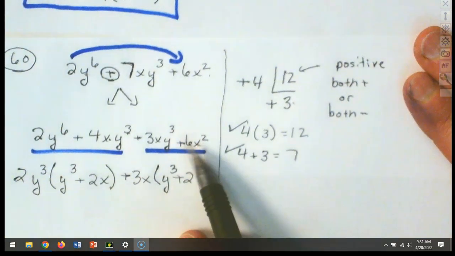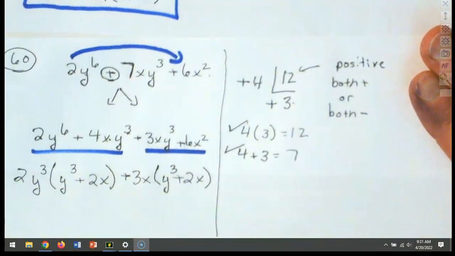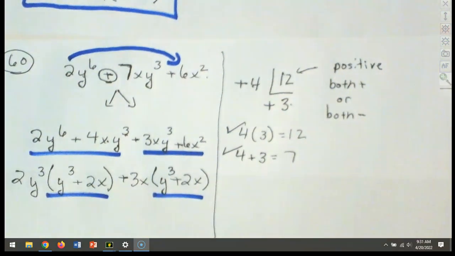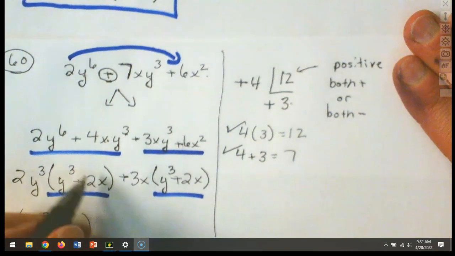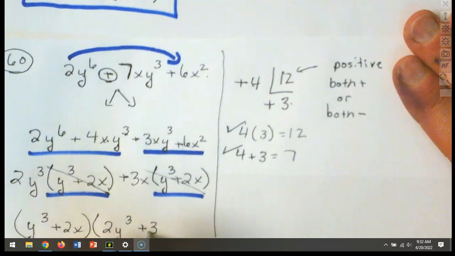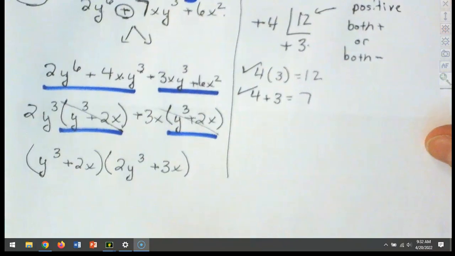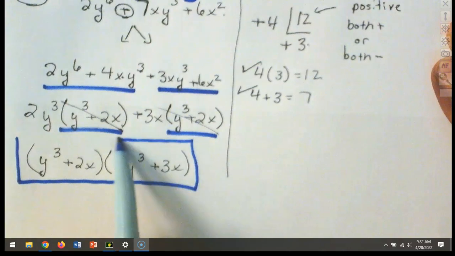And x squared, we took out an x, so that leaves you with a 2x. The y cubed terms are the same. So that means y cubed plus 2x comes out. Gone, gone. What's left over? 2y cubed plus 3x. Nothing's out in front, so that's going to be your final, finished, factored answer.